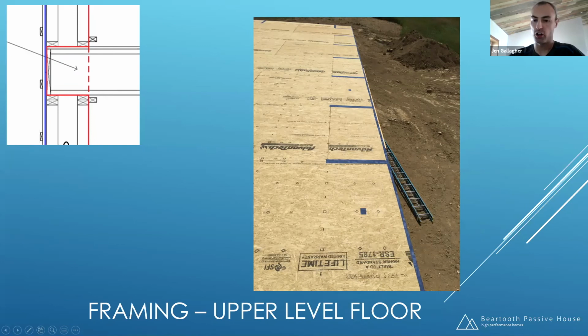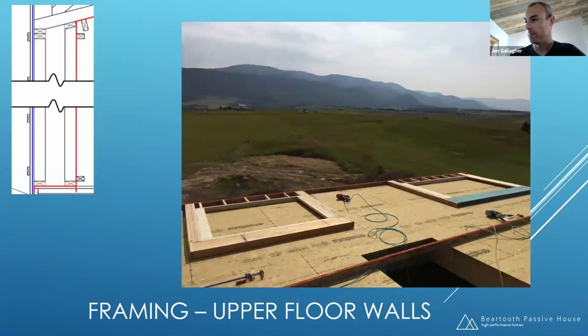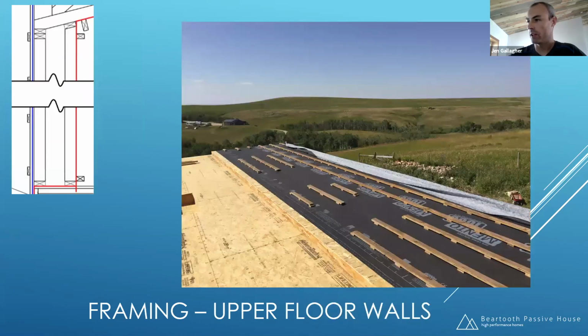And I need to make sure that that is all continuous. Then I frame my second floor walls. Like I said, here, the orientation of the rain screen changes solely because we've got an orientation change in siding material.